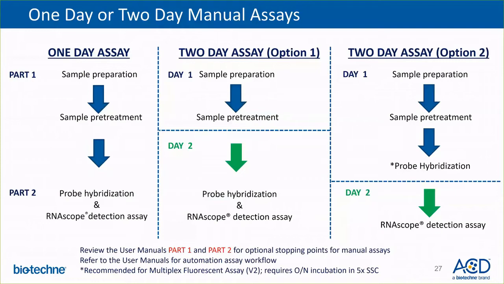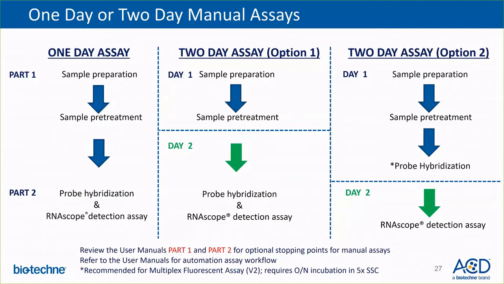Please do refer to the technical notes recommended for your sample type of interest to determine which stopping point may be the most feasible. If unsure, please do contact technical support. The second option for splitting into a 2-day assay would be to complete sample preparation, pretreatment, and probe hybridization on the first day, then incubate the slides overnight in 5x SSC, which is saline sodium citrate buffer.